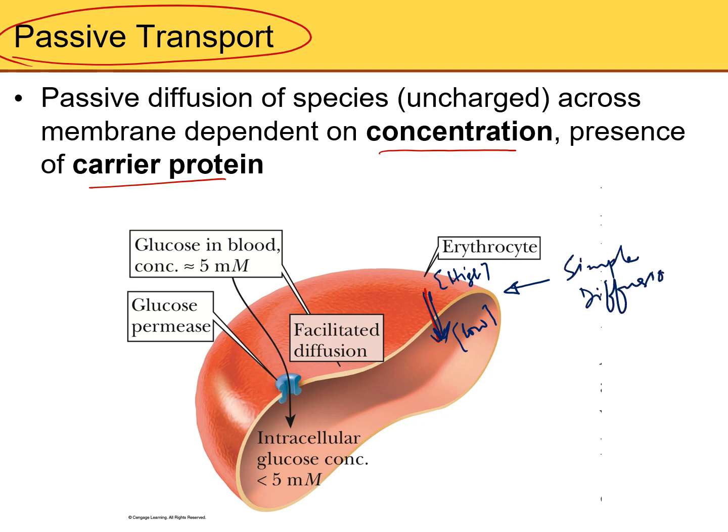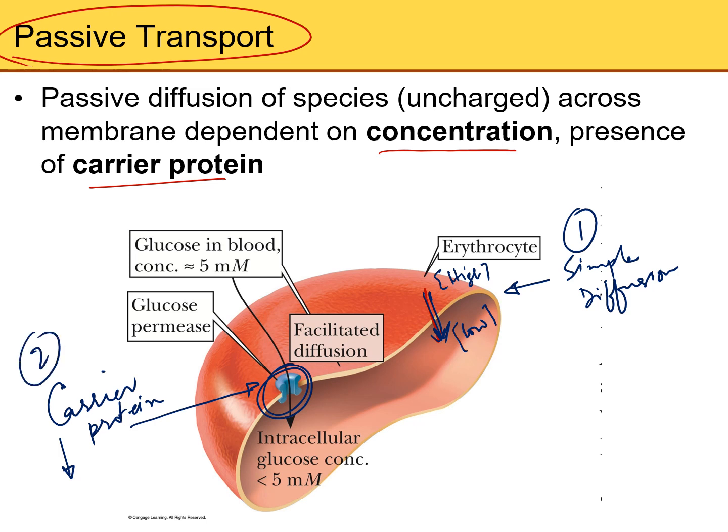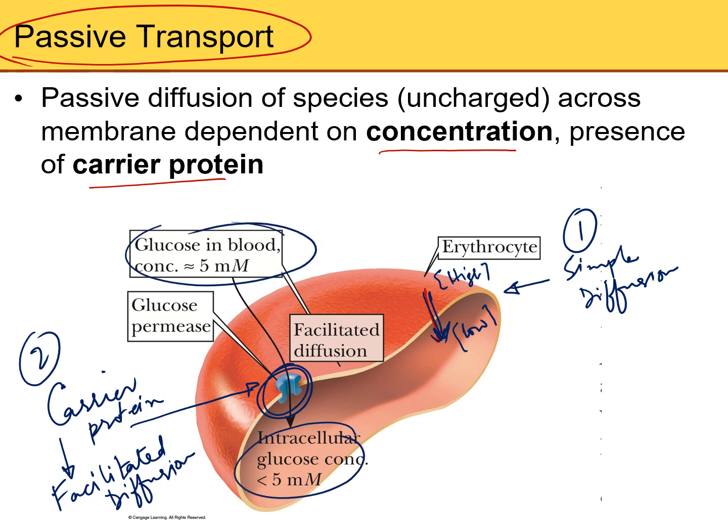But if you have a carrier protein or a pore, then this becomes facilitated diffusion. An example is how glucose, which is high in blood, goes inside a red blood cell, which has less than 5 millimolar, going down a gradient through a pore. This is an example of facilitated diffusion.